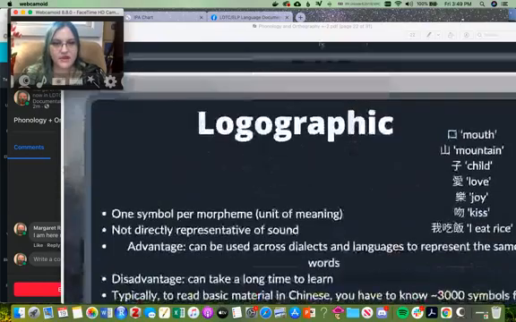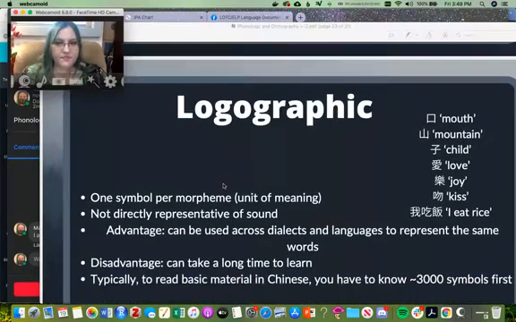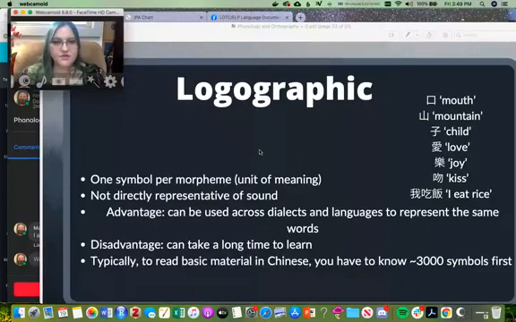So starting with the logographic system, this is a system that is used, for example, in Chinese languages. The idea behind it is that it has one symbol per morpheme or per unit of meaning. It's not directly representative of sound. It's not phonetically determined.